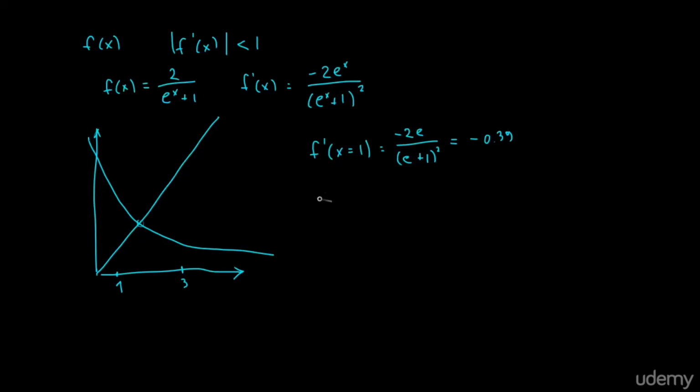On the other hand, the first derivative at x equals 3, which is minus 2e cubed divided by e cubed plus 1 squared, is also within that limit. It's actually much smaller, about minus 0.09. So in this case we are satisfying the condition that the first derivative is smaller than 1 in absolute value.